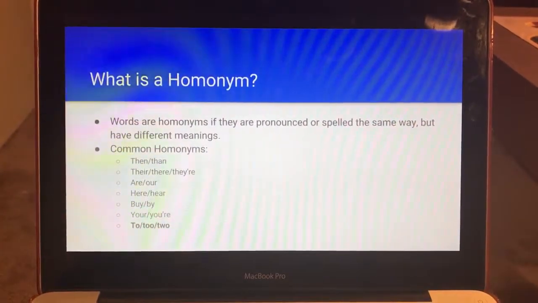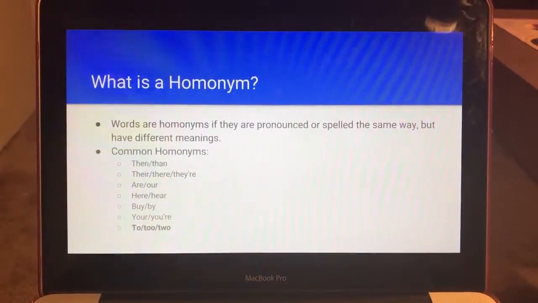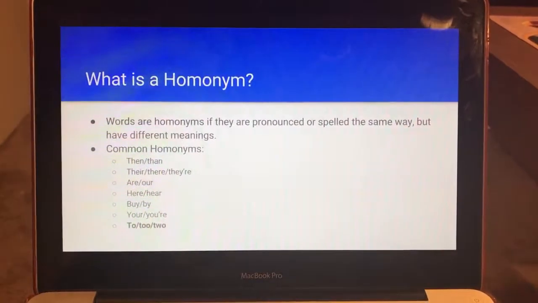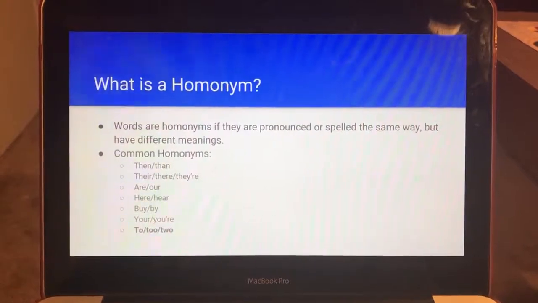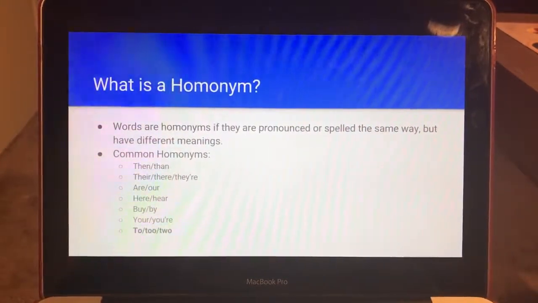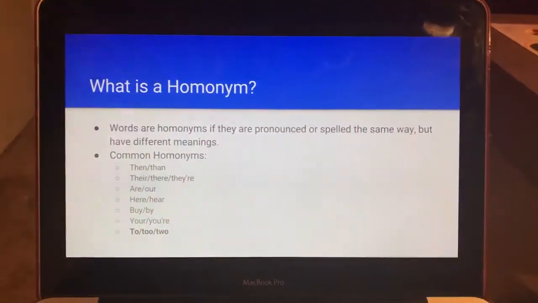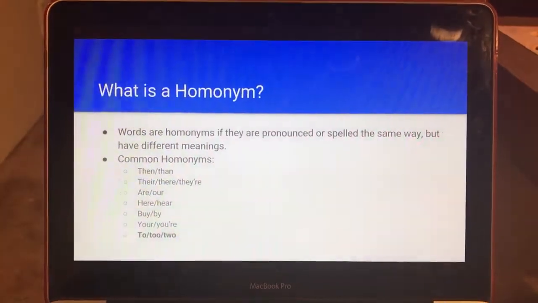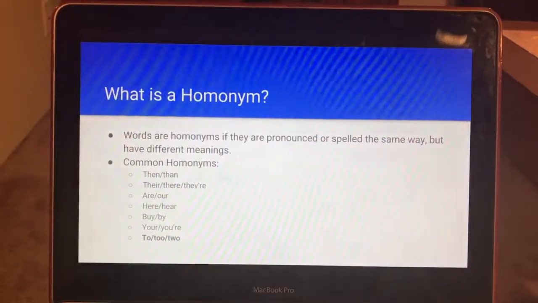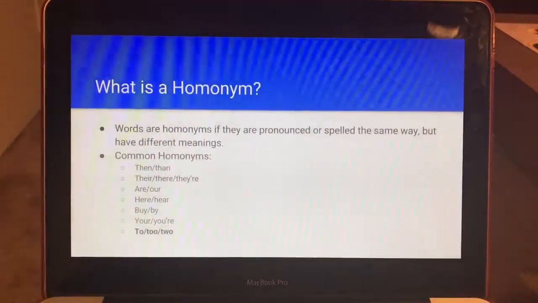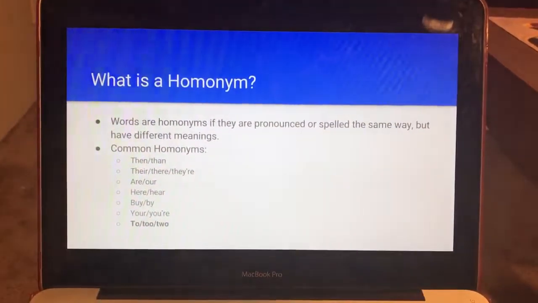There's then and than, T-H-E-N, referring to a time period, and than, T-H-A-N, compares two things. There and their, are and our, here and hear, by and buy, your and you're, and to, too, and two.